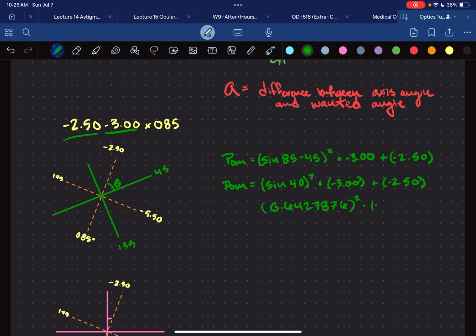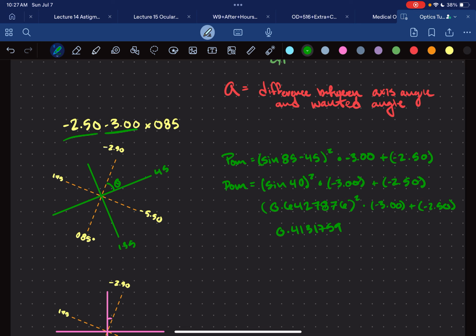Now I'm going to square the sine of 40 that we just found, and I got 0.4131759, and so on.